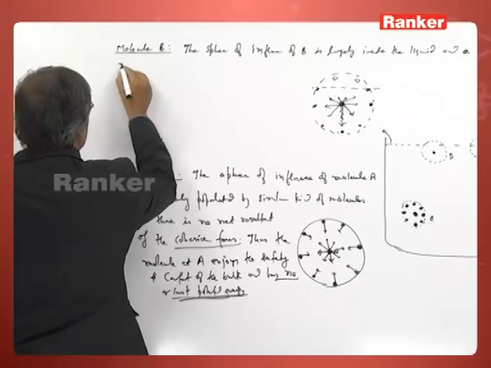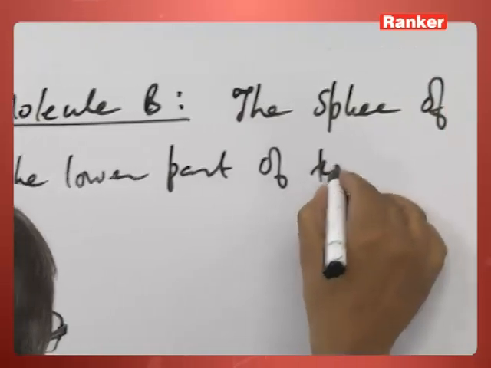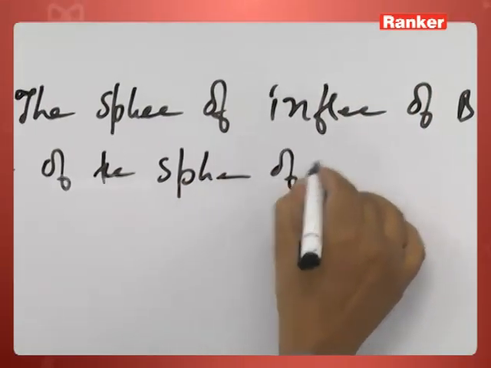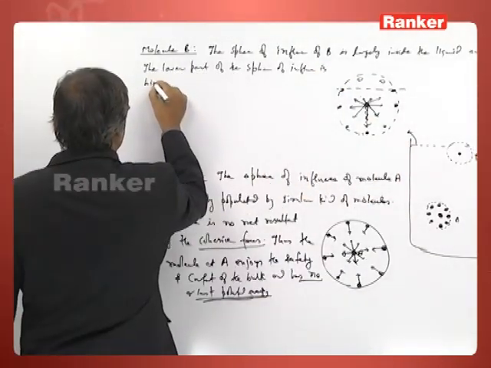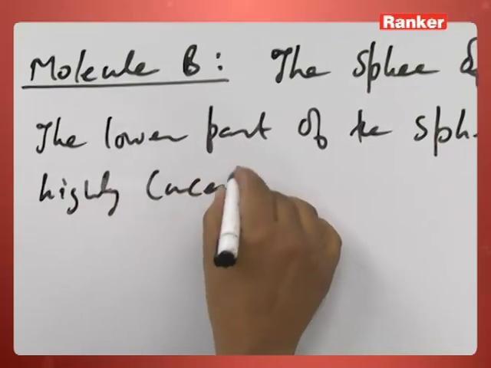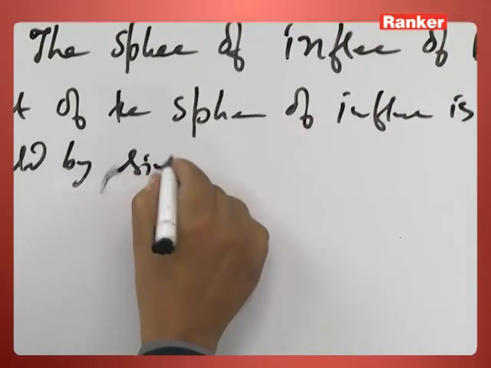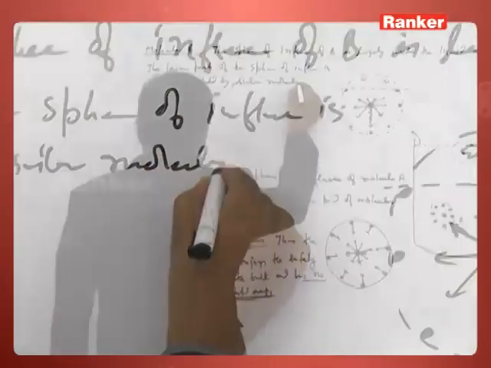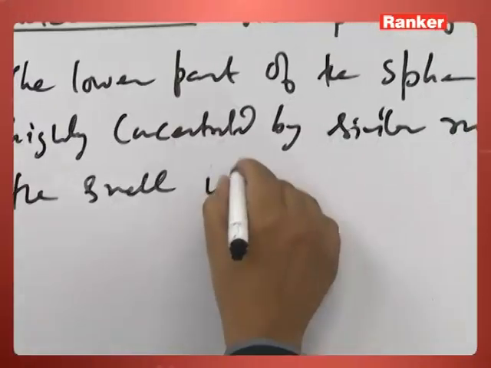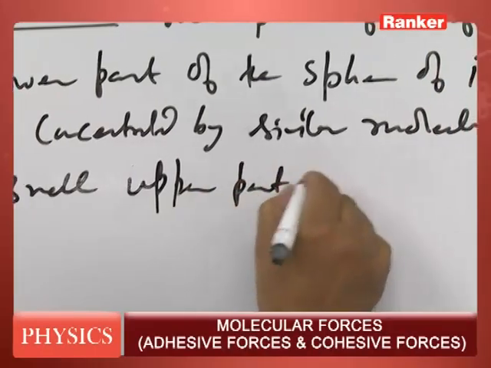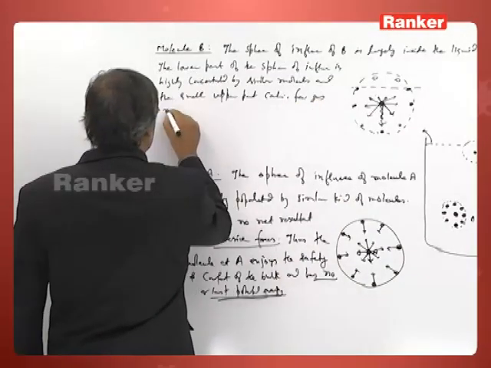Now, the lower part of the sphere of influence is highly concentrated by similar molecules, and the small upper part contains few gas molecules.